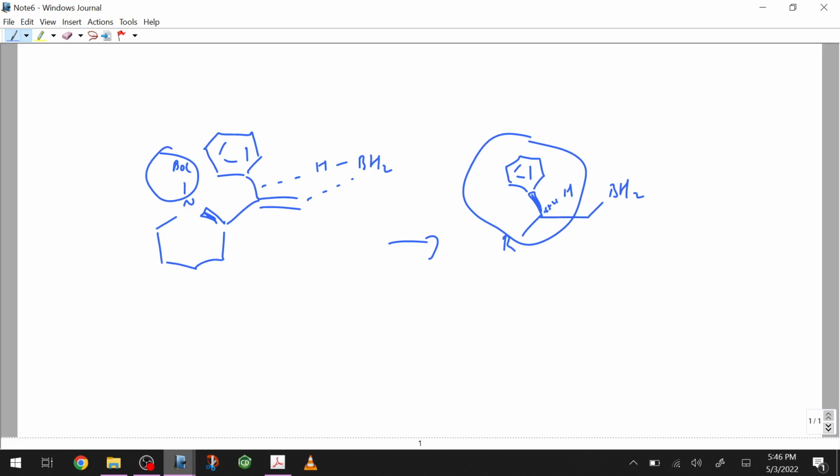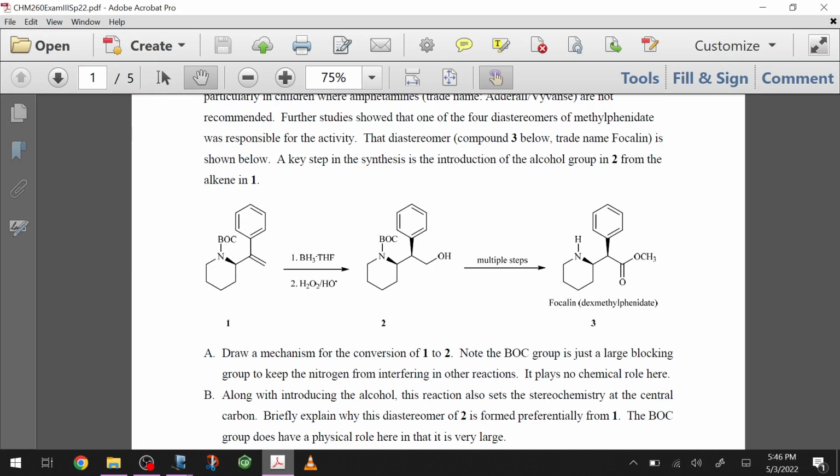This is different than just taking a reaction on a planar functional group. This is still a planar functional group, but it's not a planar molecule. So the approach to each side of that alkene is not identical, and in fact is very preferential to this particular one face attack, giving us basically only one stereoisomer when it's over.